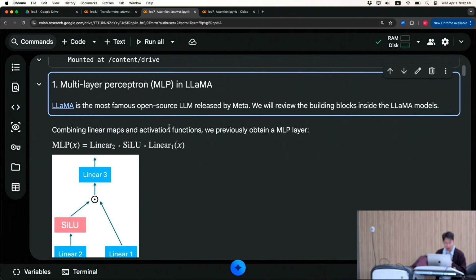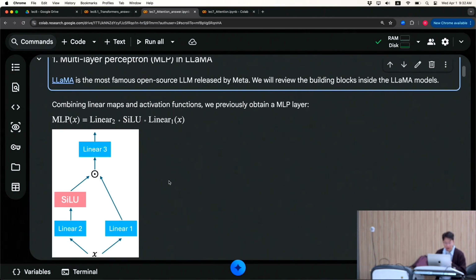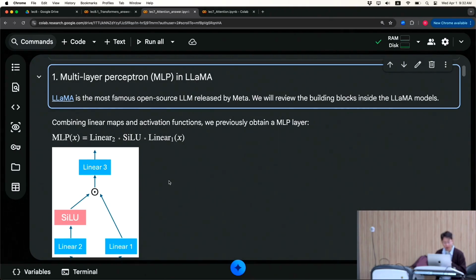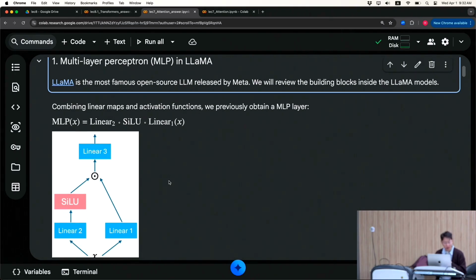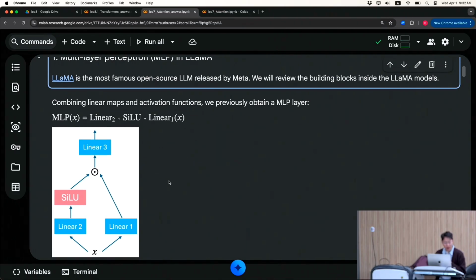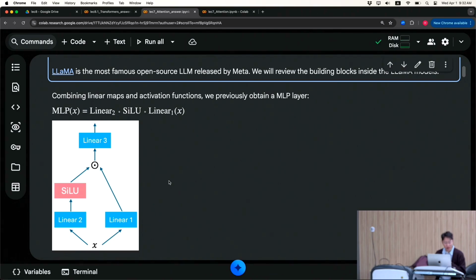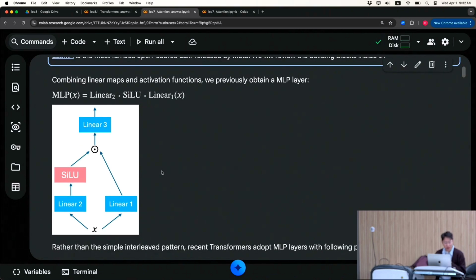Okay, so just to review really fast. In transformers, we have the attention module and some other things like residual connection, RMS norm, etc. But at the end of each transformer block, we have the MLP layers, and it had this specific structure.